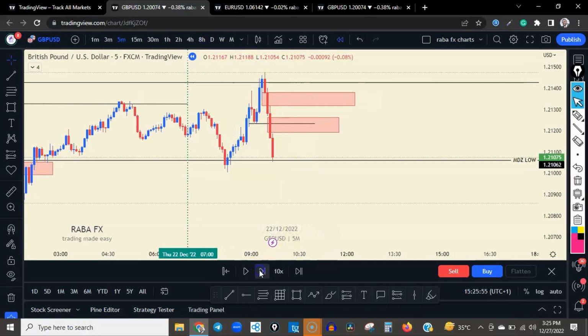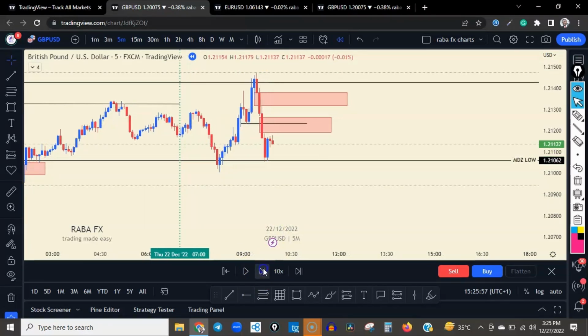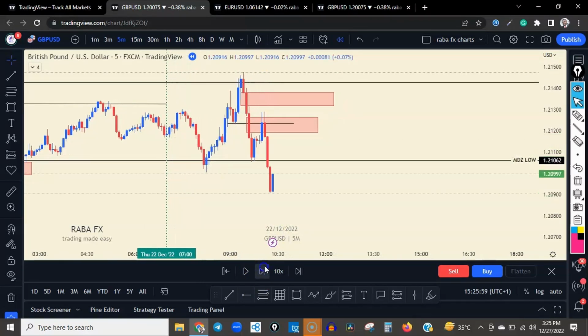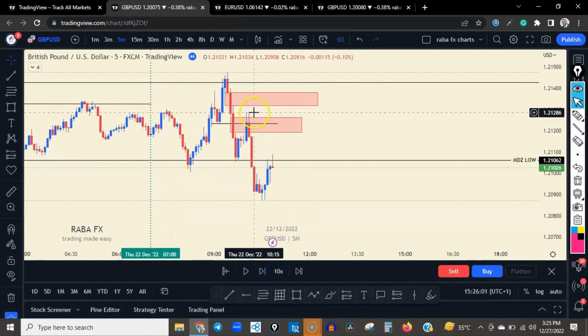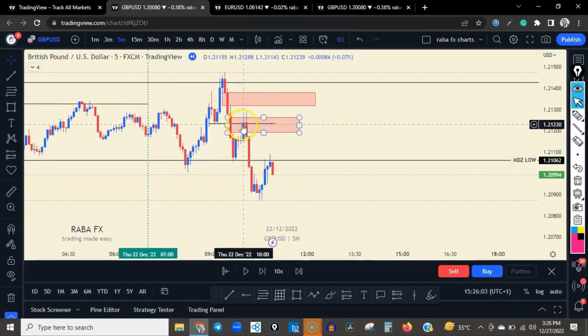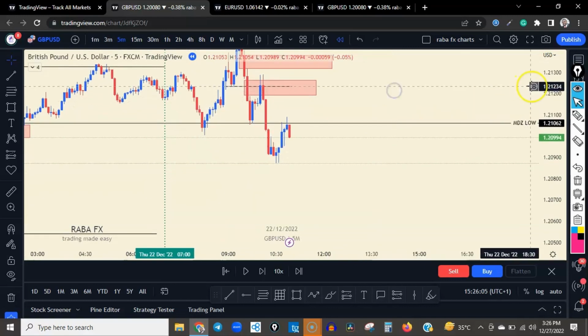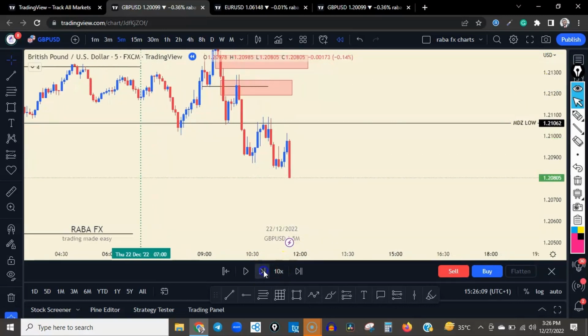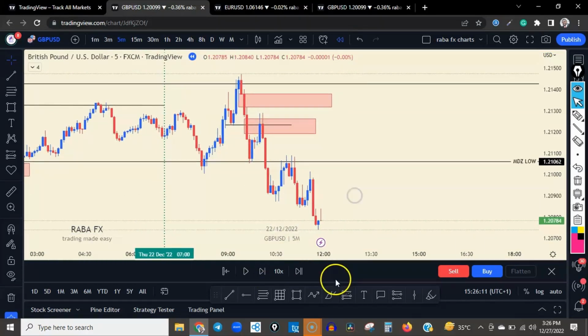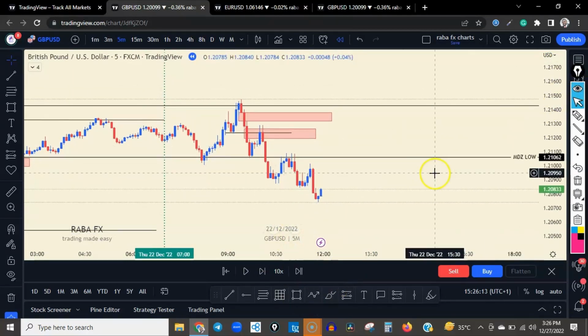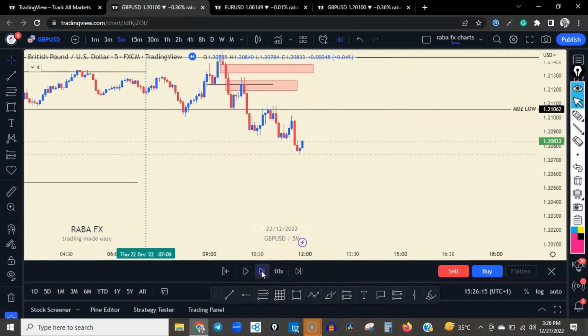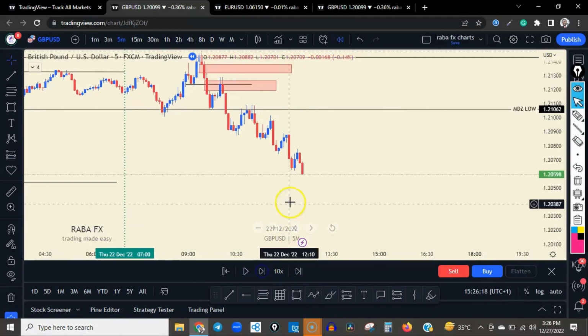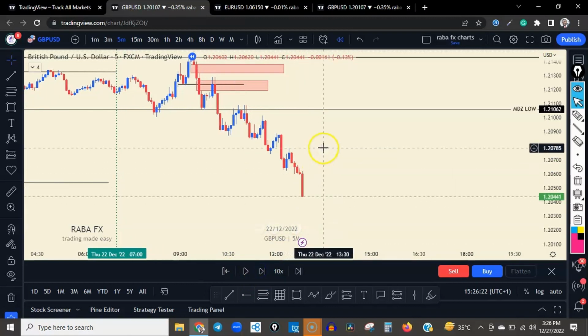Okay, that's how I trade. So you can see price trade in. This was the entry there. Here, stop loss above. And for the rest of the London session, you can be profitable. Now this will have given you a good risk to reward. Okay, till the London session is over.